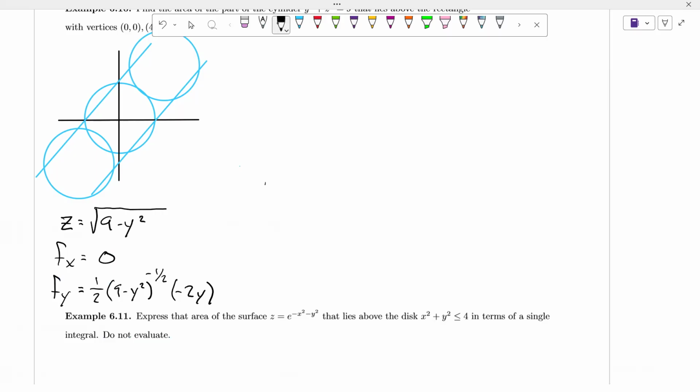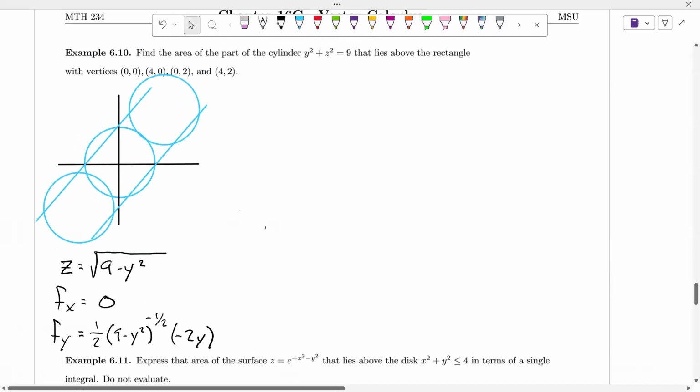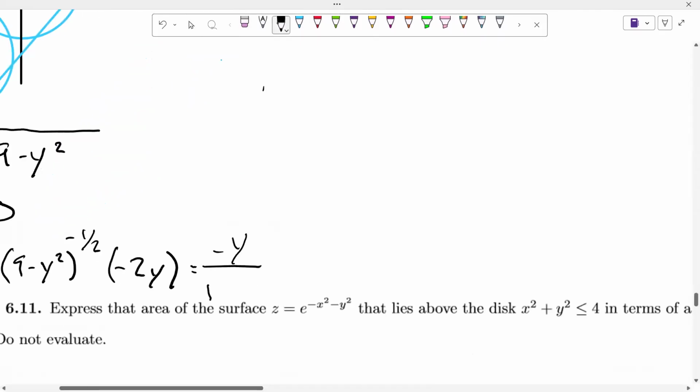And we'll probably want to simplify that a little bit. So let's see, the 2's can reduce. So this looks like it's just negative y divided by the square root of 9 minus y squared.